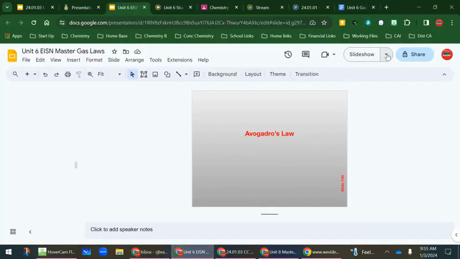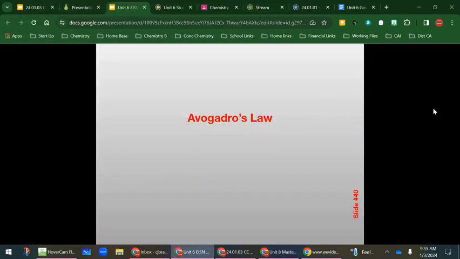All right. Let's talk about Avogadro's Law here. This is not going to take long, ladies and gentlemen, because Avogadro's Law, we've already introduced to you. We introduced it back when we introduced the mole concept. And we said that at STP, 1 mole of a substance always equals what volume? 22.4.